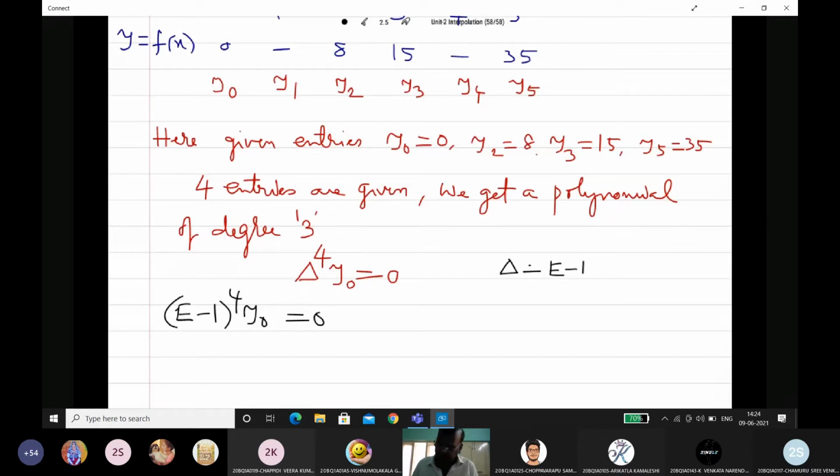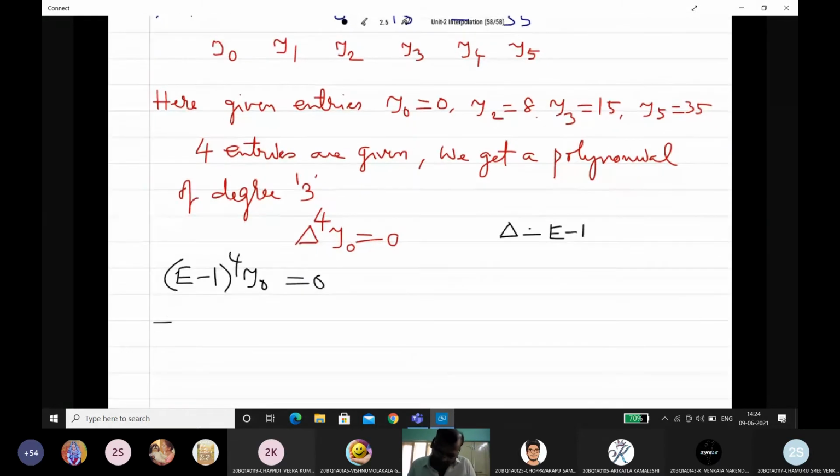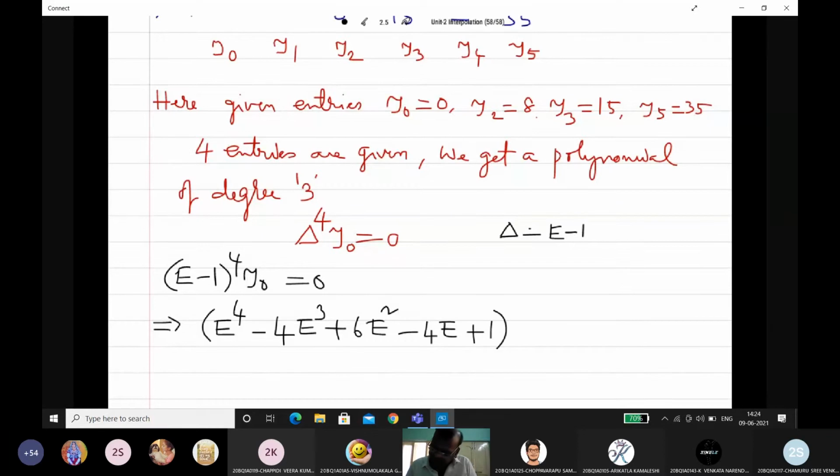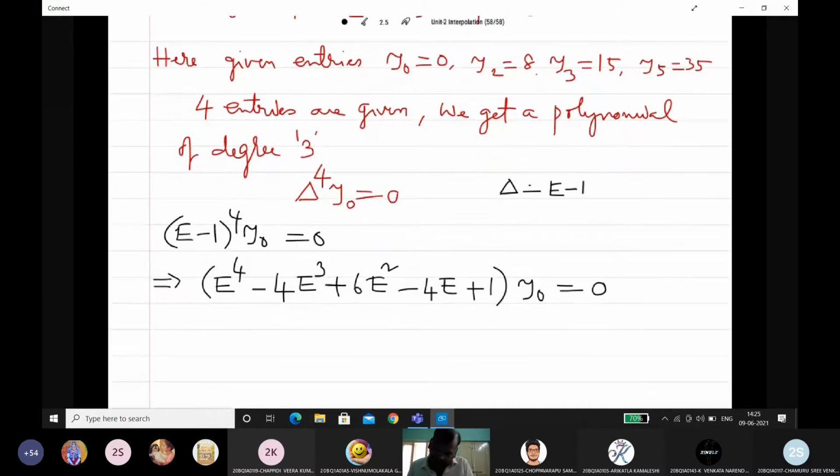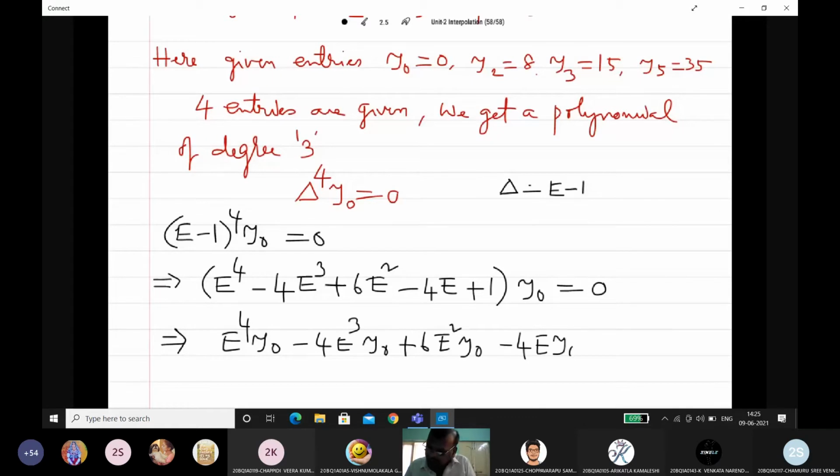We already know the expansion, and we should note it down on the side so we don't get confused in every problem. What does it become? (E power 4 minus 4E cubed plus 6E square minus 4E plus 1) of y0 is equal to 0. Now take those entries inside: E power 4 y0 minus 4E cubed y0 plus 6E square y0 minus 4E y0 plus y0 is equal to 0.